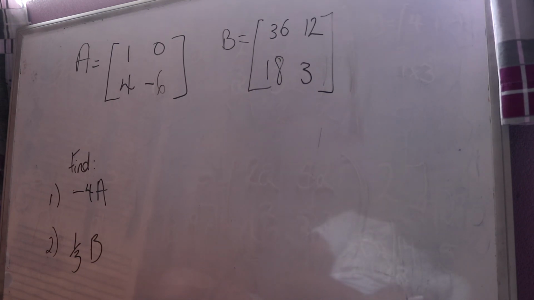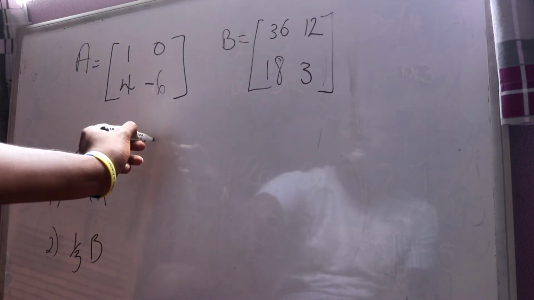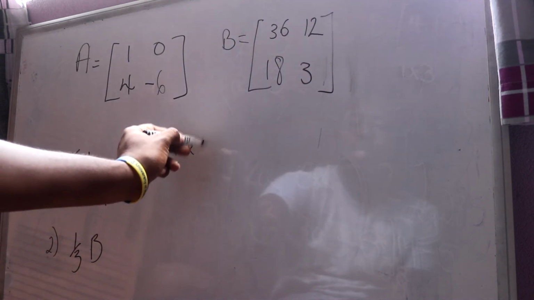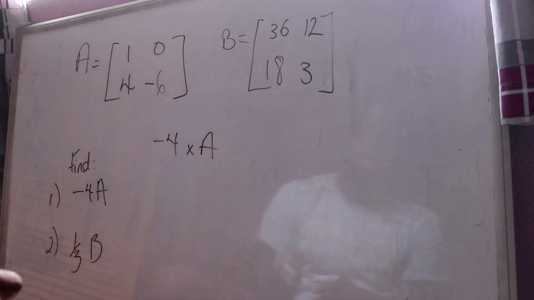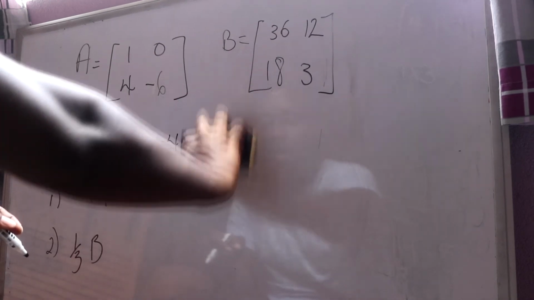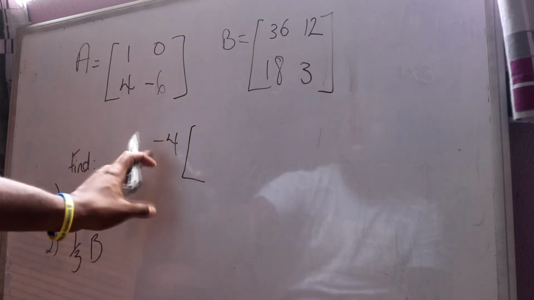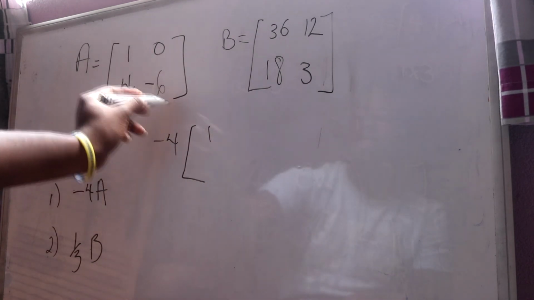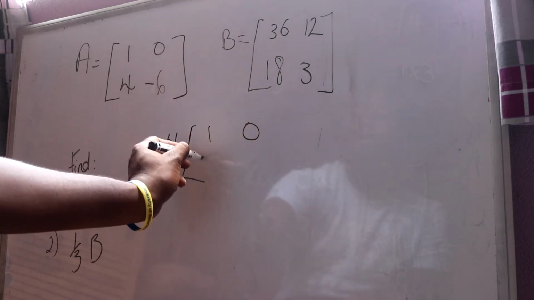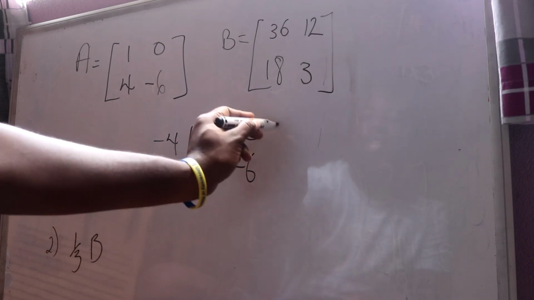And for the first one, we have to find negative 4A. Now, doing algebra, negative 4A is really negative 4 times A. But we know that A is not a in itself, really. A is a whole matrix. So you're multiplying negative 4 by the matrix A, which is 1, 0, 4, negative 6.